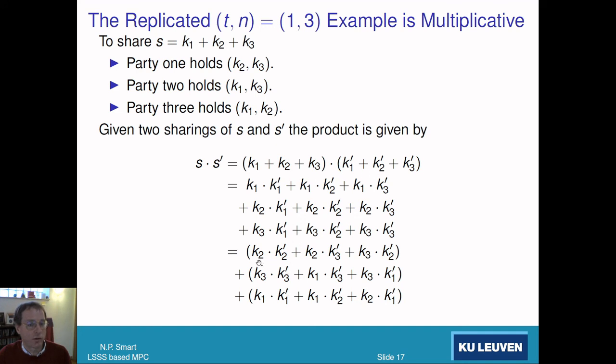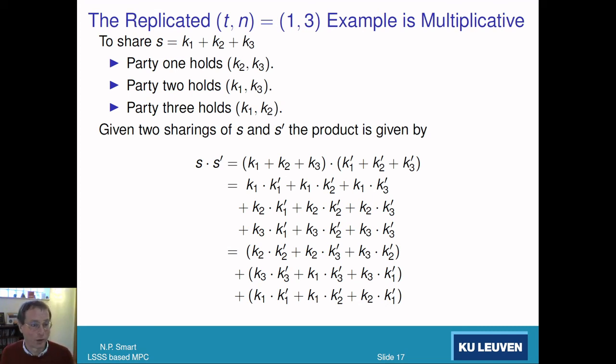And if we rearrange terms, we see that we've got this term here, which is a linear combination of a subset of the Schur product held by party 1, plus this term, which is a linear combination of a subset of the Schur product held by party 2, plus this term here, which is a linear combination of a subset of the Schur product held by party 3.